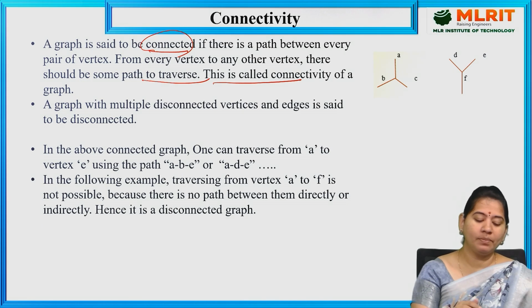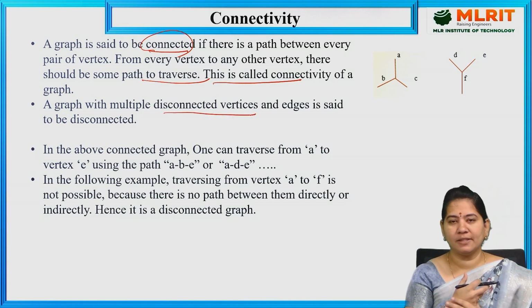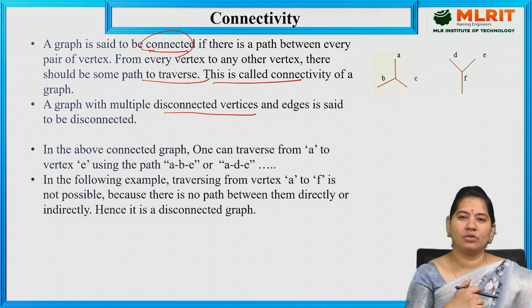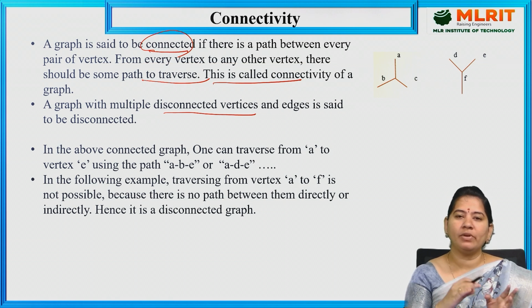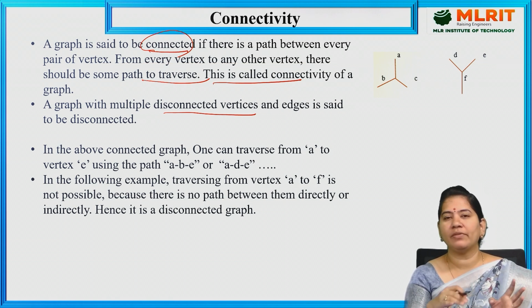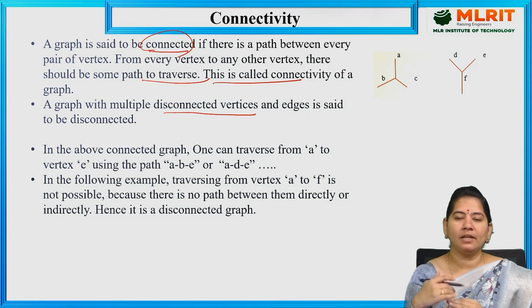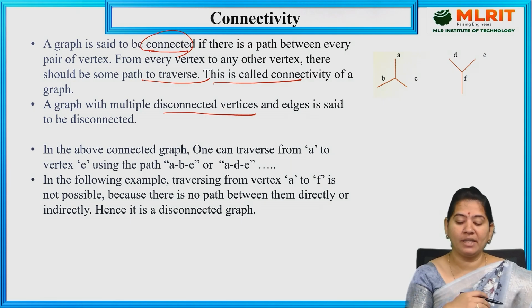A graph can have multiple disconnected vertices, not only one. For example, V1 to V5 is disconnected, V7 to V9 is disconnected. If I have multiple disconnected vertices and edges like that, then it is called a disconnected graph.